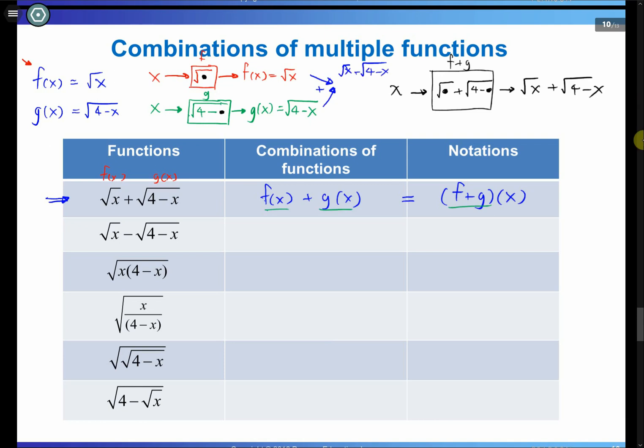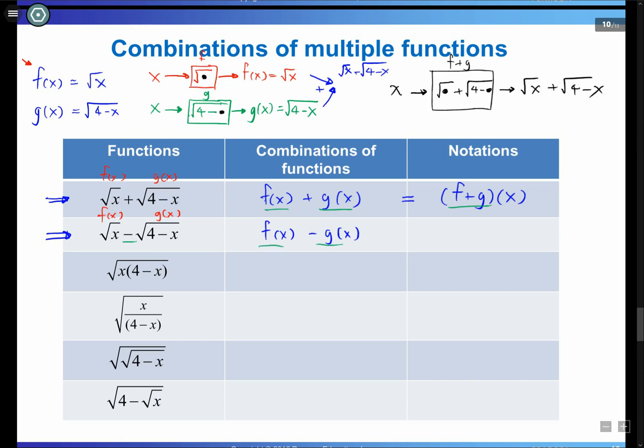Now let's take a look at the next one. If you understand f plus g, then this one should be easy. This one is minus. So the front term is the same, f of x, and the second term is the same, g of x. The only difference here is that the operation is minus. So f of x minus g of x, two separate functions.